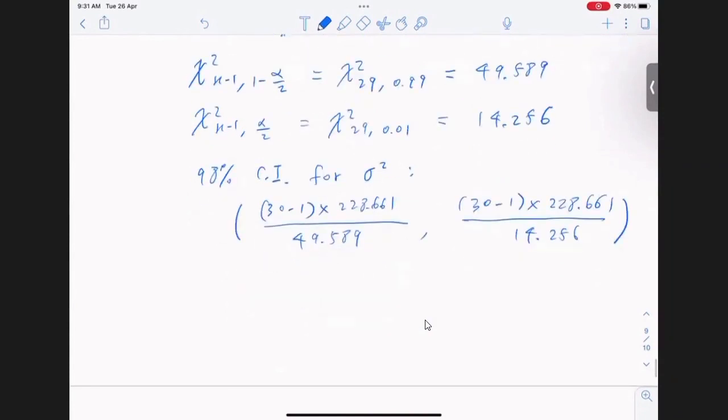We just directly substitute everything we have into the formula for the confidence interval of the population variance.